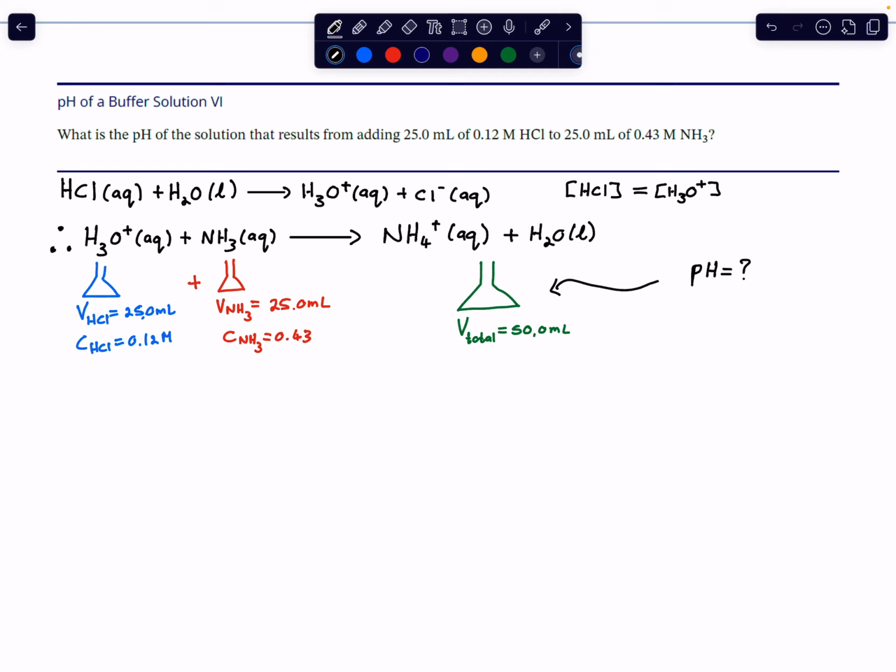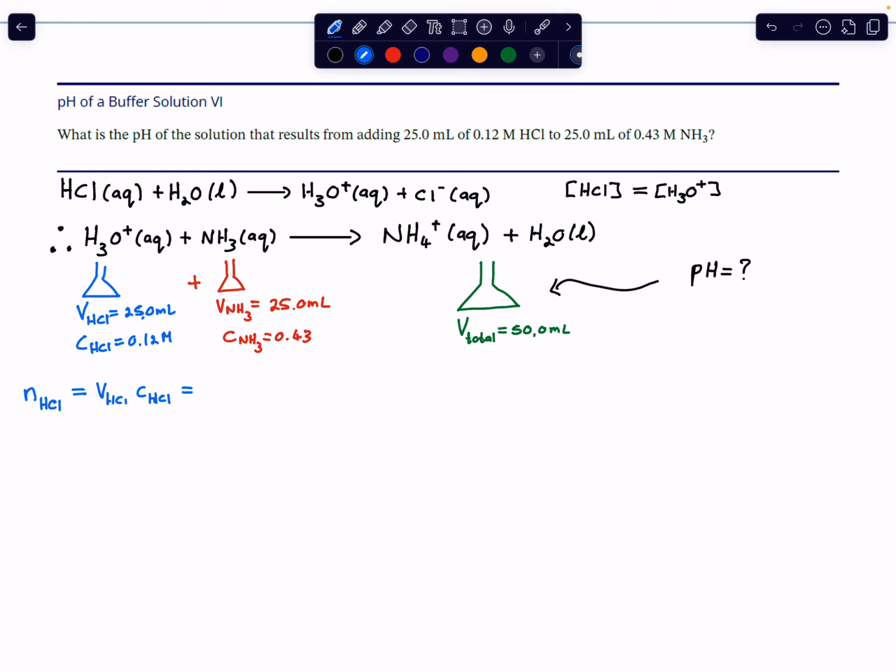So let's turn back to what we were adding together. So what was our amount of HCl? In other words, what was the amount of hydronium that we added to the solution? So that's equal to the volume of HCl multiplied by the concentration of HCl.